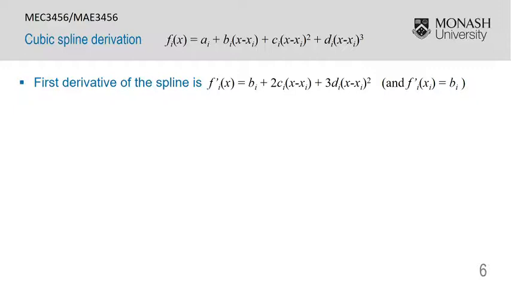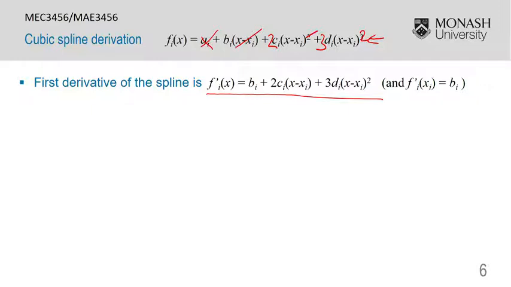Now let's have a look at the first derivative of the spline. If we take the first derivative of this expression here, we can see that that coefficient drops out, the x minus xi term disappears, the squared goes from here, we get a power of 2 out here, the 3 becomes a 2 here, and we end up with the first derivative of the ith spline is just equal to bi plus twice ci, x minus xi, plus 3 di times x minus xi squared.